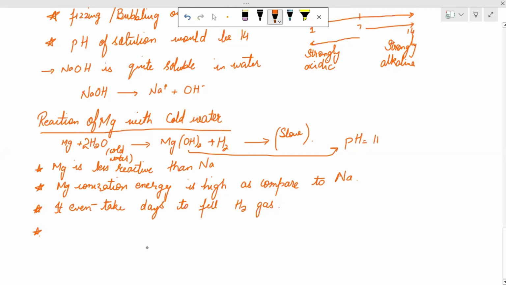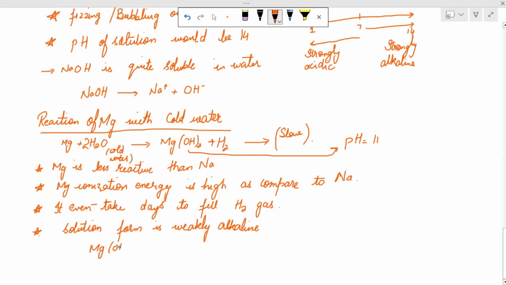So the solution formed is weakly alkaline, and magnesium hydroxide is basically slightly soluble in water.